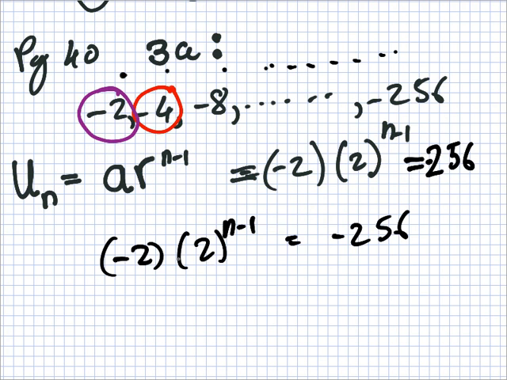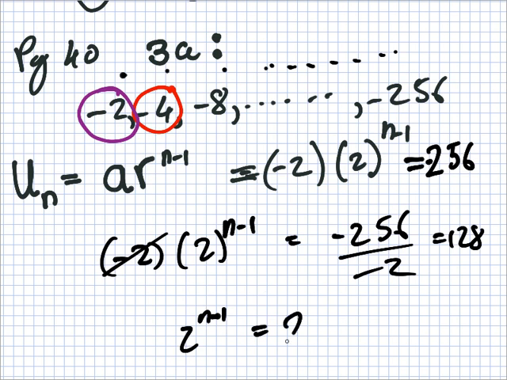We have two things there, we have to do both of them. So you suggested dividing by minus 2. So that will equal 128. And then you suggest putting in a power. 128, let's see, 2, 4, 8, 16, 32, 64, 128 is 2 power 7.